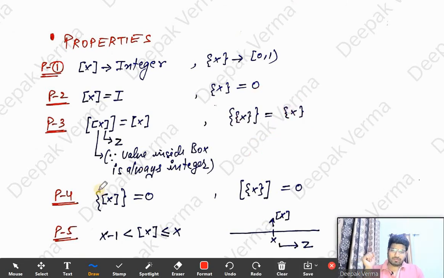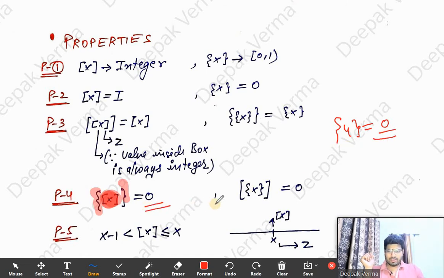Now if we have the fractional part of box x, inside the fractional part we have box x, and since we know that box is nothing but an integer, and the fractional part of an integer is 0. If I say what is the value of the fractional part of 4, this is of course 0.